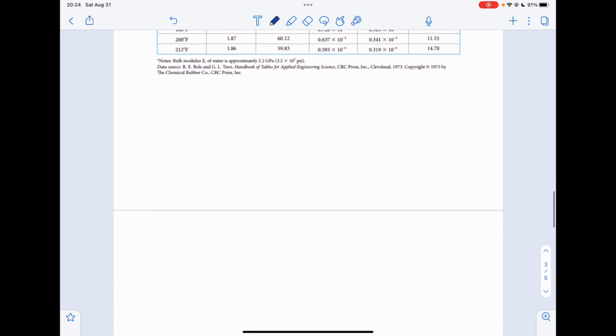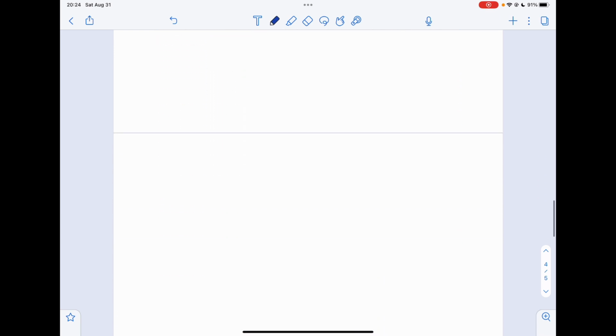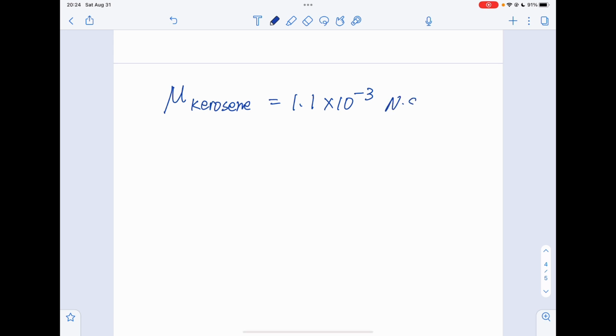So let's write down the final answer for all of them. For the dynamic viscosity for the kerosene, it's about 1.1 times 10 to the negative 3 newton seconds per meter squared.